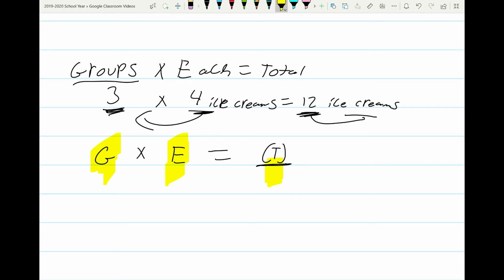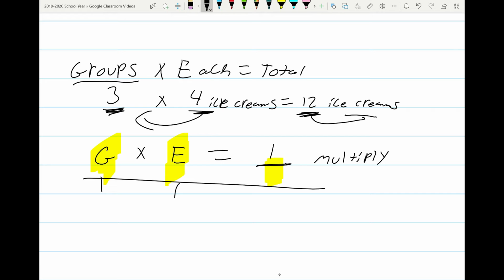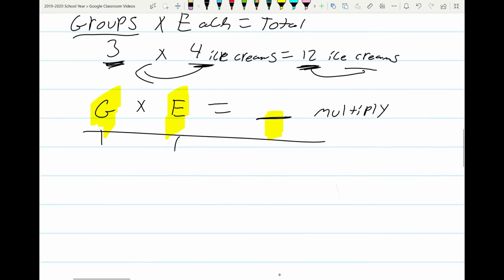Then that means I would multiply. If I'm missing the T and I have the G and the E, then that means I would multiply, right?